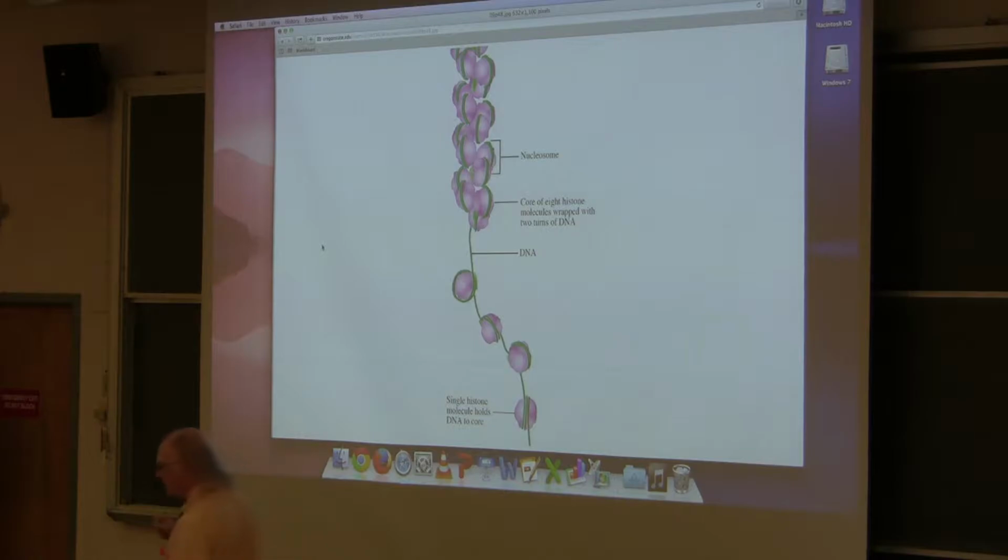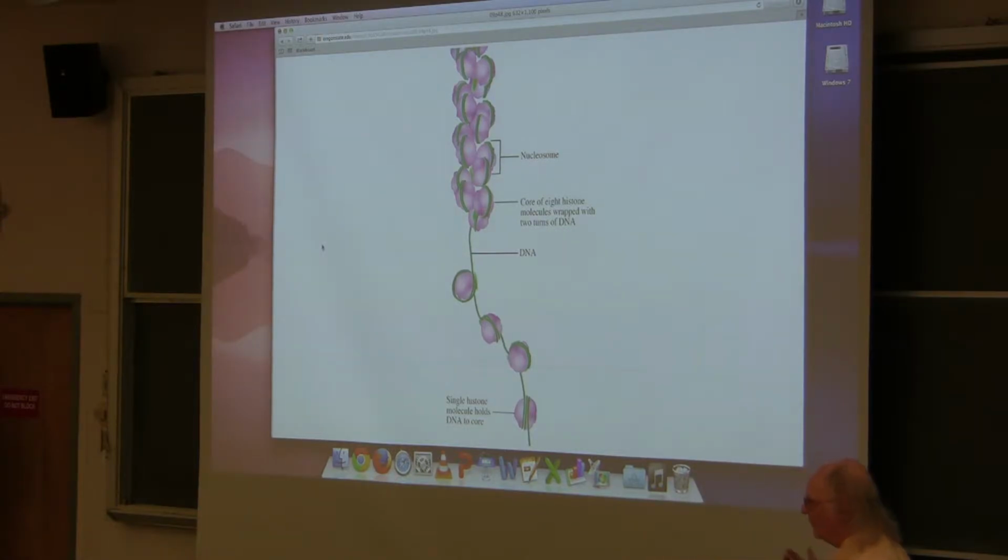Chromosomes are comprised of DNA plus some very basic proteins, that is positively charged proteins, called histones. Now, what I'm describing with respect to chromosomes, chromatin and histones is all true only in eukaryotic cells.